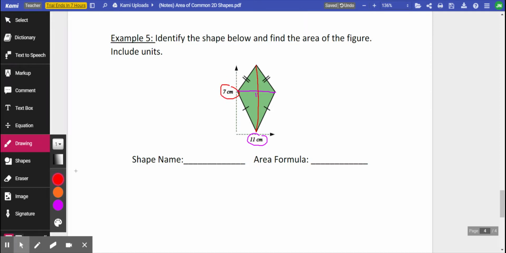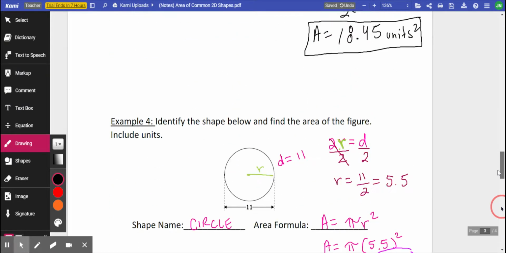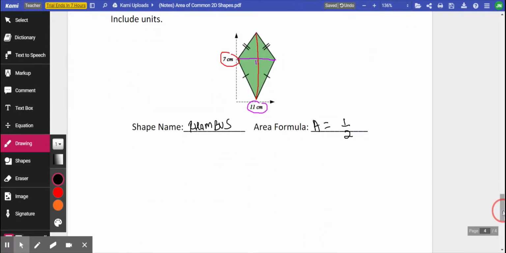So for this rhombus, to find the area is 1/2 base times height, or I should say, I think I forgot what letters they use. I think they may have used just A and B, or P and Q. So there we go. Let's keep it consistent. So it's 1/2 PQ. So P multiplied by Q.